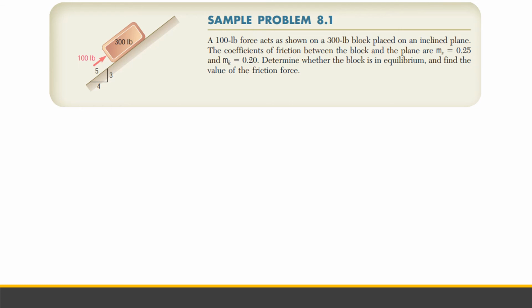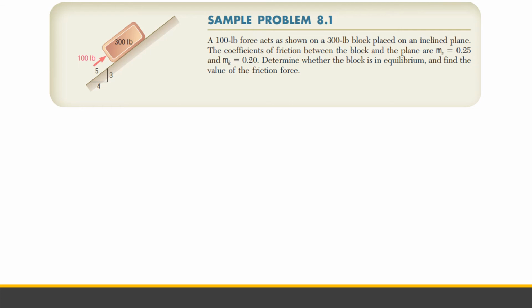The coefficient of friction between the block and the plane are mu s, this is mu, in the book m is used, so mu s is equal to 0.25 and mu k is 0.2. Determine whether the block is in equilibrium and find the value of the friction force.